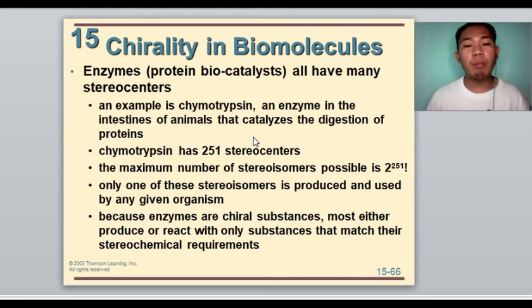The maximum number of stereoisomers possible to it is 2 raised to 251. But only one of these stereoisomers is produced and used in any given organism. Because enzymes are chiral substances, most either produce or react with only substances that match their stereochemical requirements.